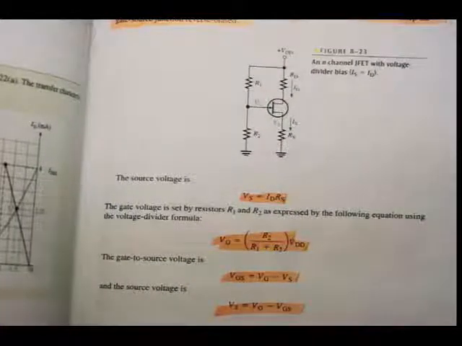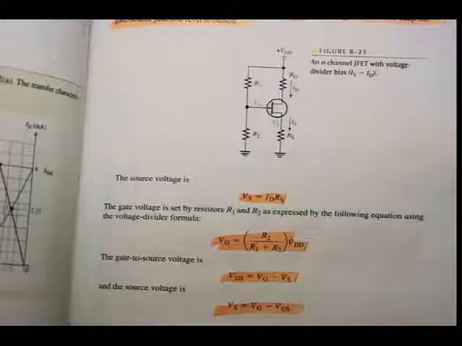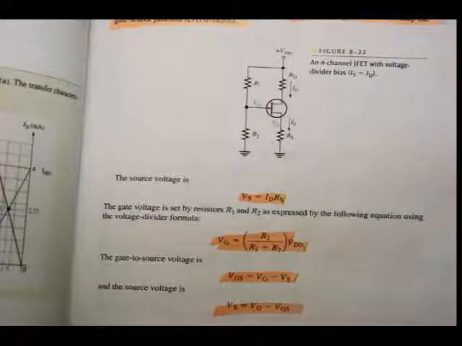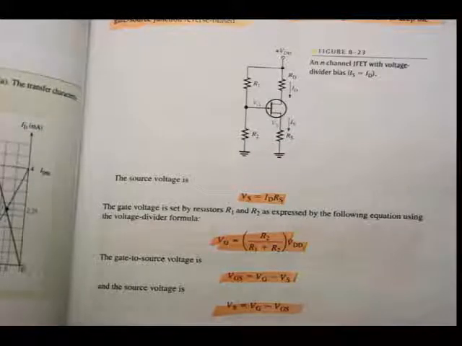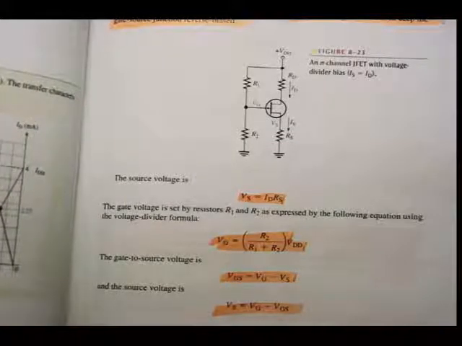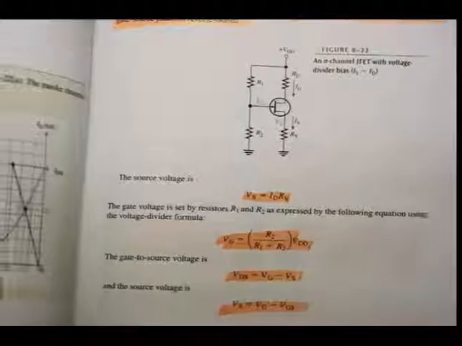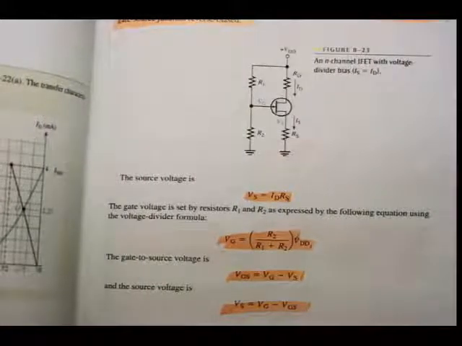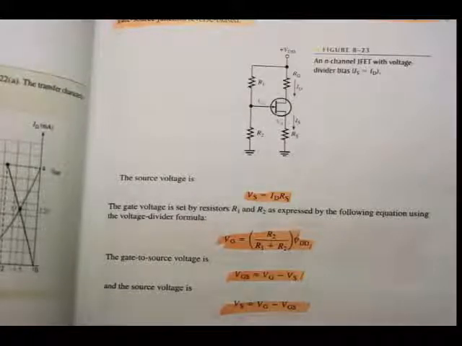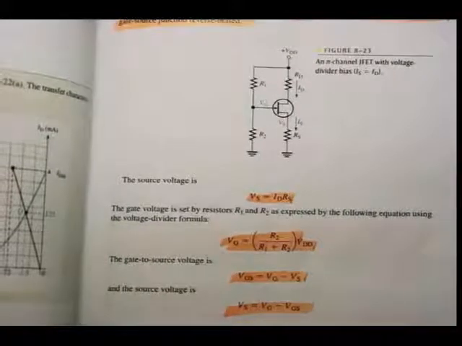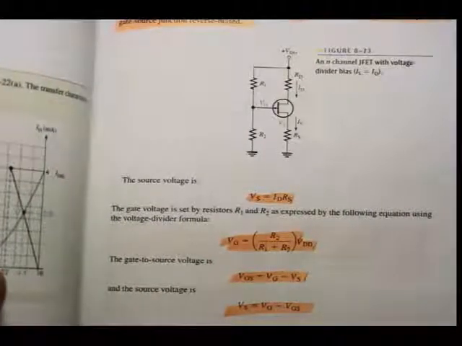Then the source voltage VS is ID times RS, and then the gate voltage set by the resistors R1 and R2 is expressed in the following equation, the voltage divider formula, exactly the same as for the BJT, only now it's not VB but VG, R2 divided by R1 plus R2 times VDD, and not VCC as in the BJT.